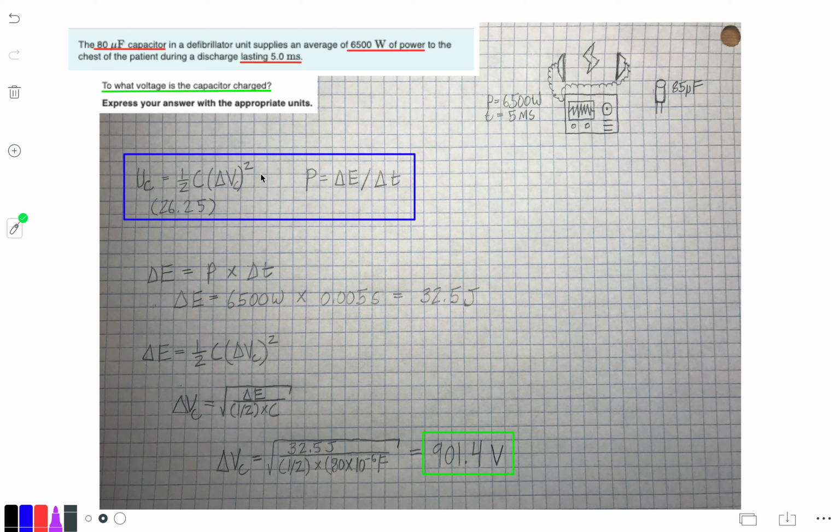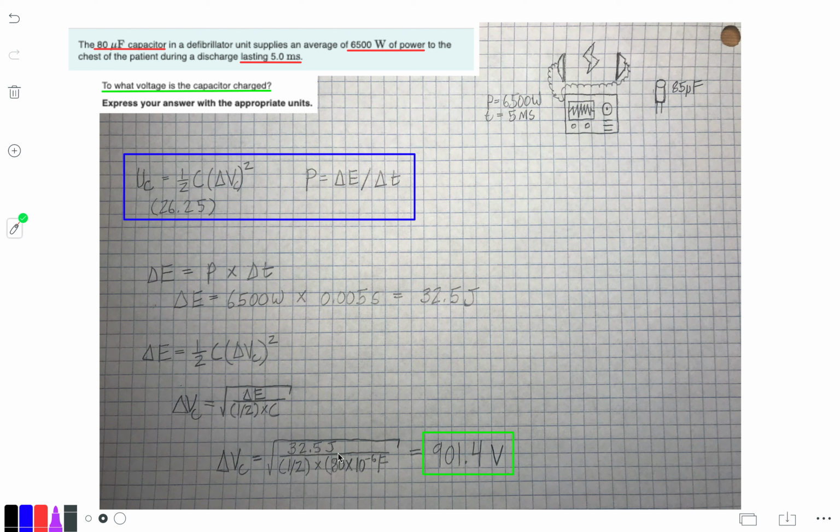So just getting started here, we have that the change in energy is equal to power times our change in time, and we can just go ahead and plug in, and we get 32.5 joules. Then we can set this equal to our potential energy for the capacitor, and from here we can rearrange our equation so that we're solving for the voltage, and we can just plug in our variables here.